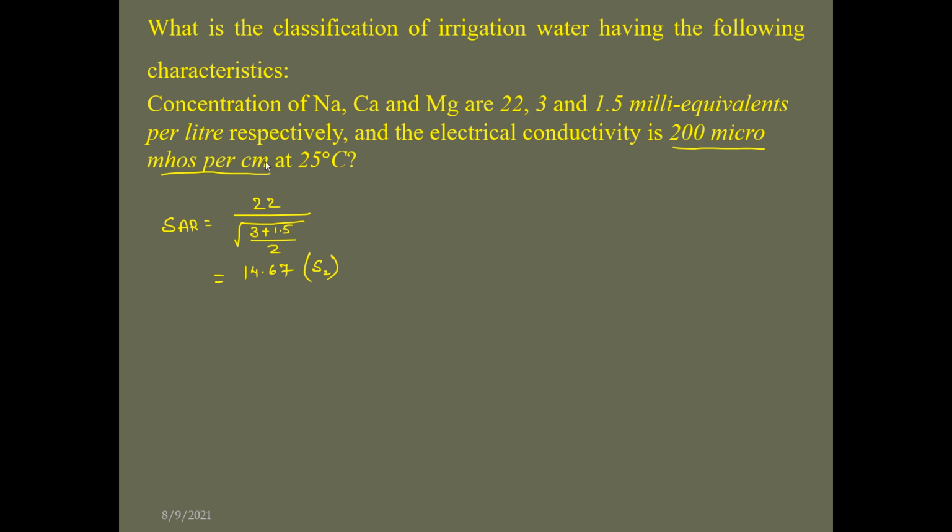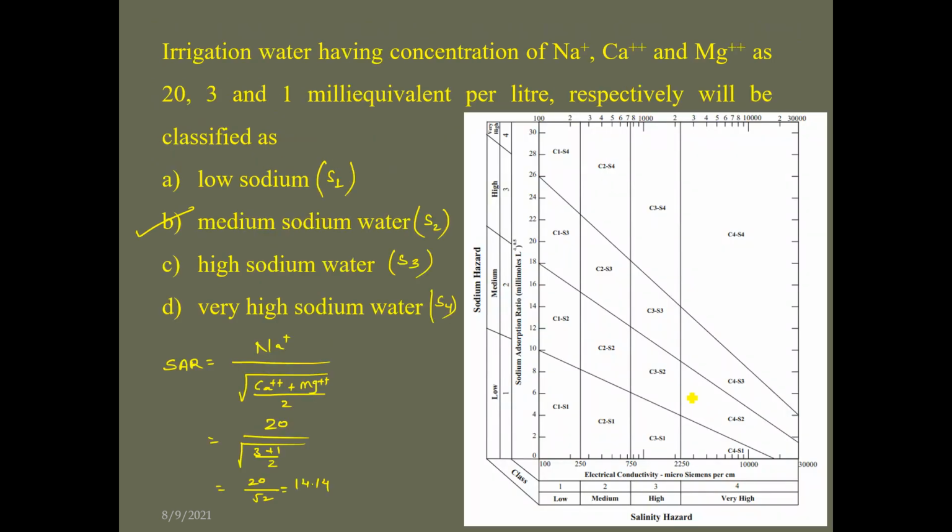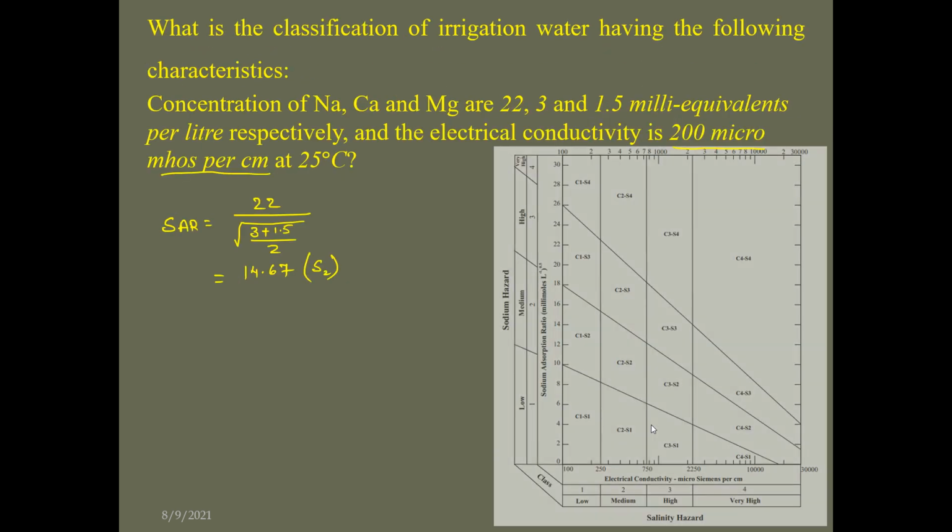On the basis of electrical conductivity, the water is classified. Since it is 200, which is less than 250, it means low salinity hazardness.